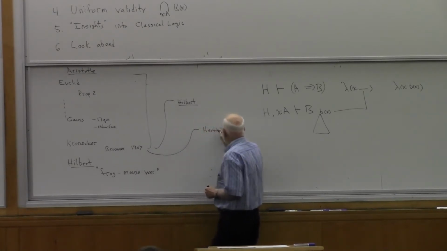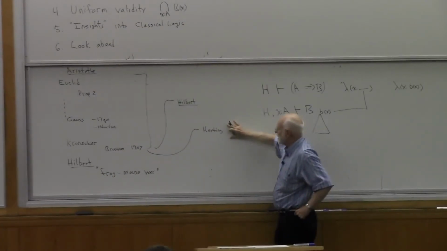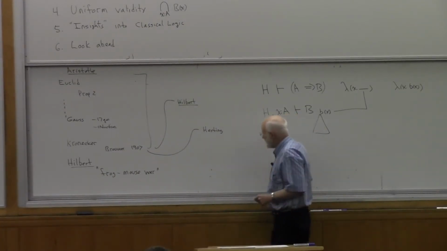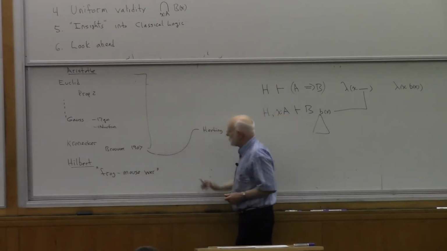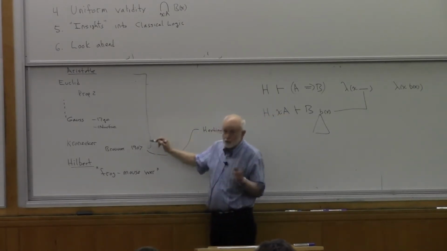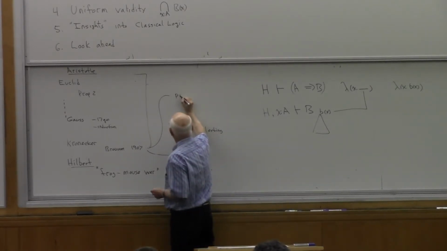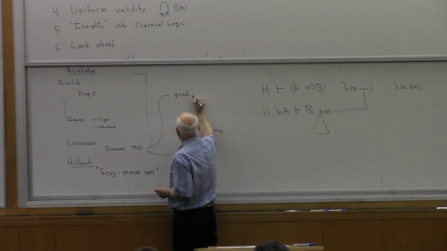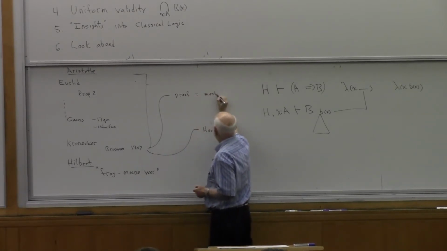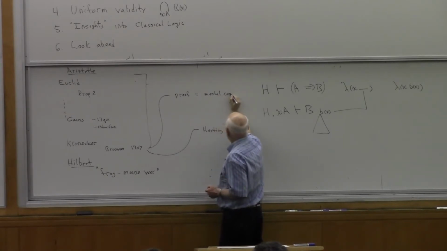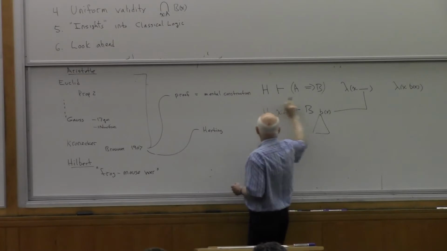And Heiting started to write up Brouwer's ideas in just logic and made it much less philosophical. Brouwer's idea of a proof, by the way, and this is something we should understand, for Brouwer, and we're not there yet, a proof is a mental construction, right? It's not something that you write down like this.